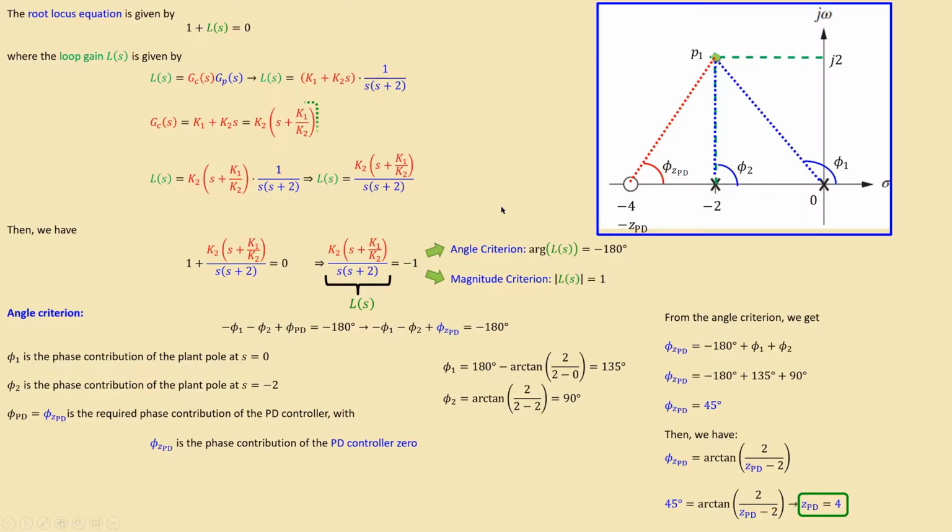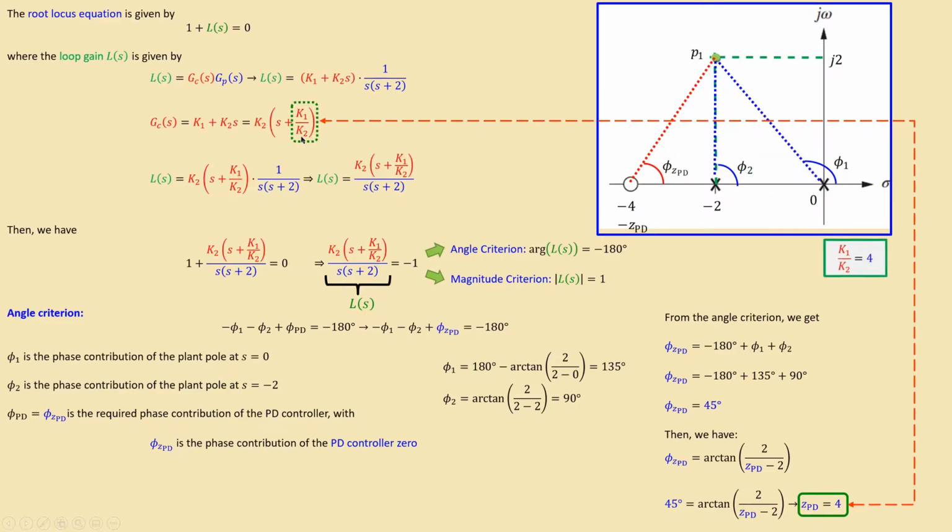And this is also the K1 over K2 expression in my PD controller, what was given initially in the assignment. So these two are equal to each other. That means K1 over K2 is 4, and I will use that later on in the expression for my controller.